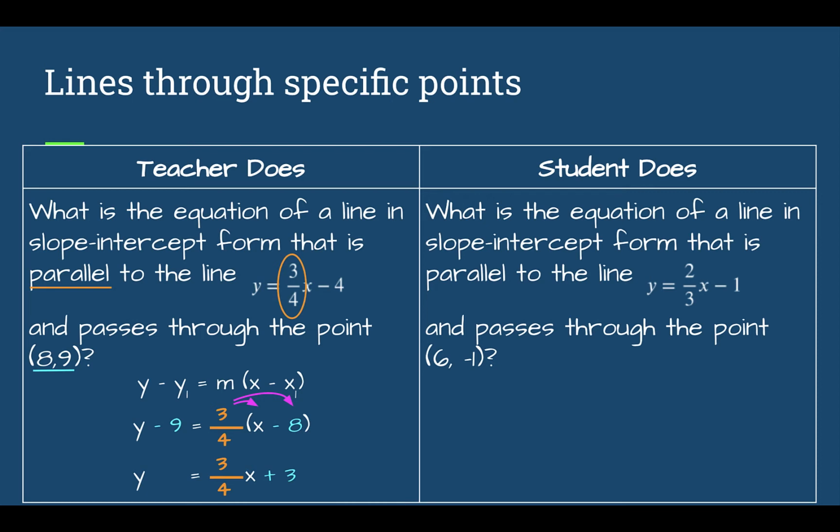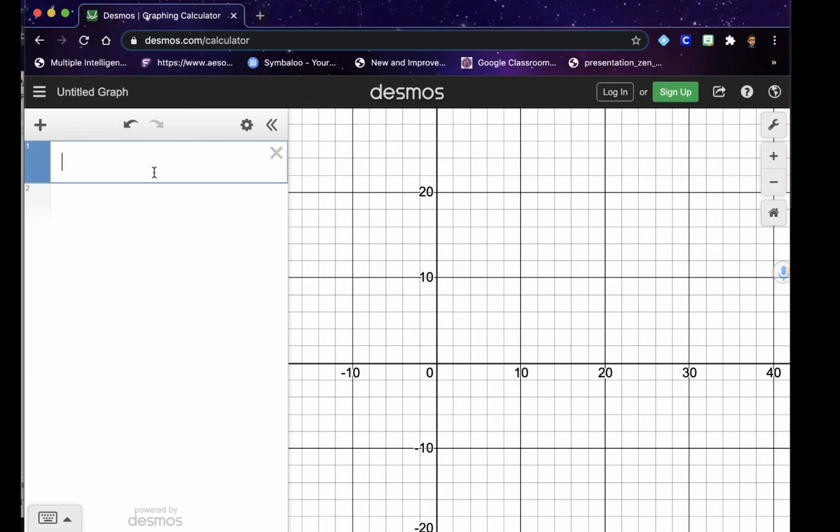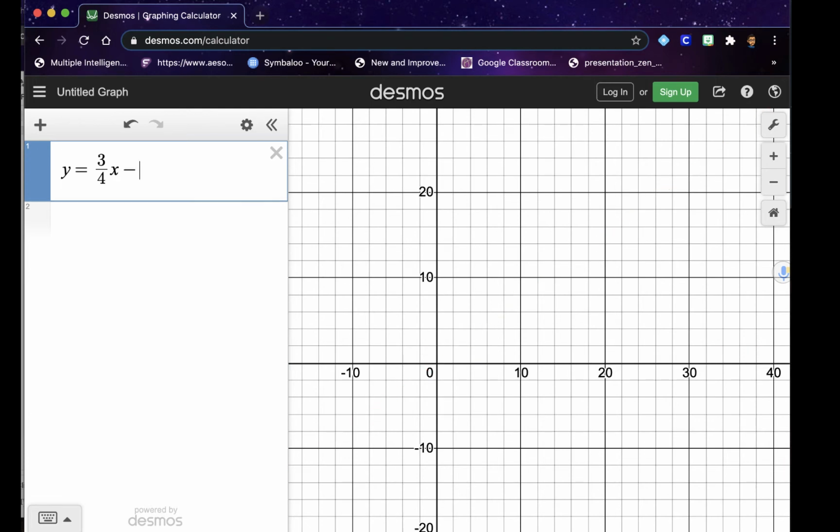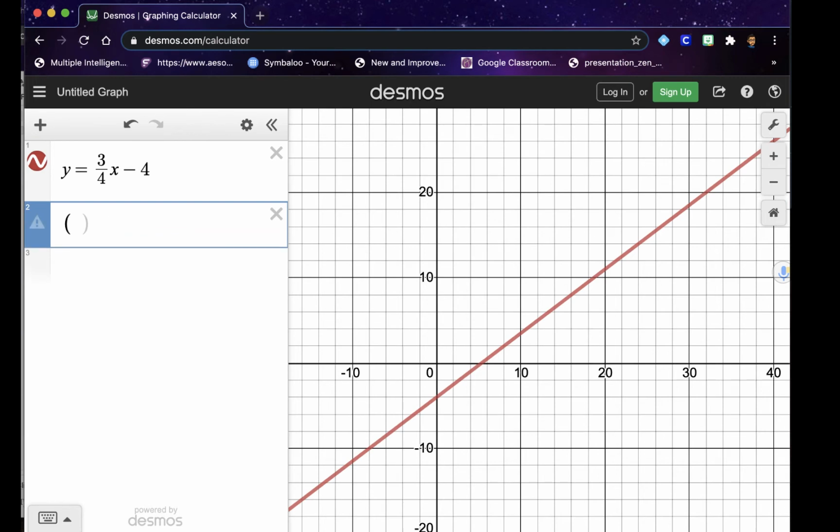Now that we have our equation, let's use Desmos to check to make sure that our line does in fact go through that point 8, 9. So here in Desmos, we can check to see if we have a parallel line to y equals 3/4 x minus 4, and it had to go through the point 8, 9.